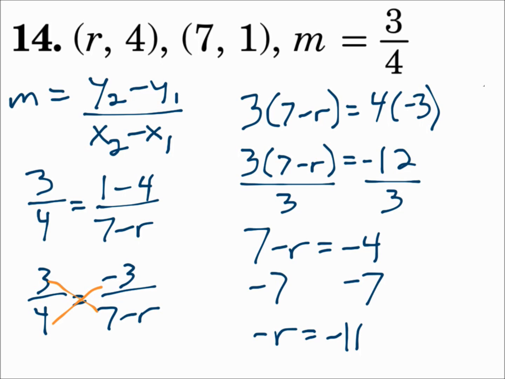So multiply both sides by negative 1, and that changes the signs. r equals 11. Remember, on that last step, if your variable is negative, then change all the signs, and that'll make it a positive. Substitute in, cross multiply, and solve.